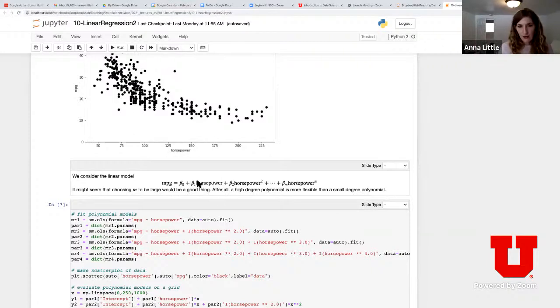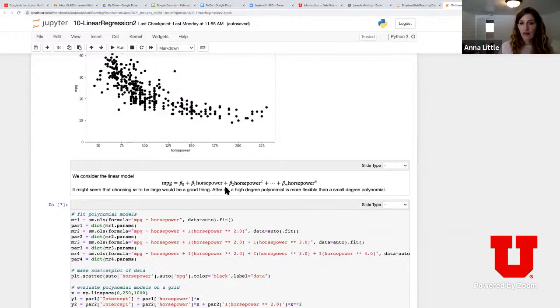If you think of this as X1 and horsepower squared is X2 and horsepower to the M as XM, if you just associate all those different powers with a new variable, X1, X2 through XM, then it is a linear function of those new variables, but it is a nonlinear function of the original variable, horsepower.